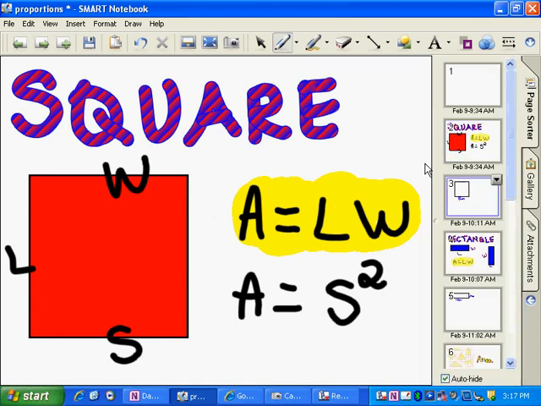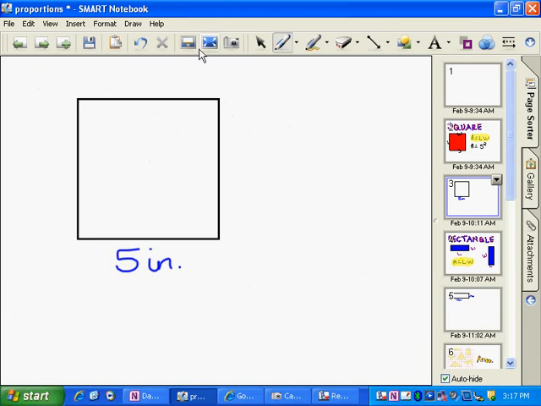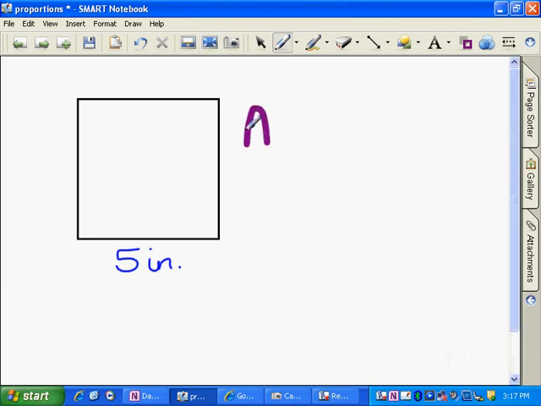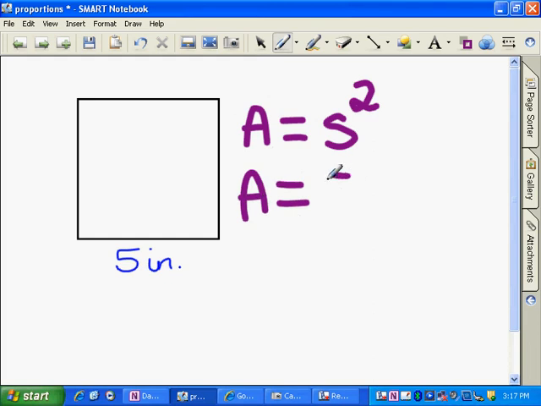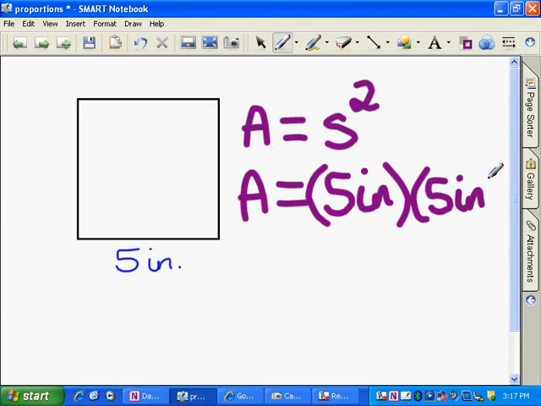I'm going to use this example here of a square with a side length of 5 inches. So we're going to use the formula area equals side squared. Okay? The side is 5 inches, so area is equal to 5 inches, and I'm going to put them in parentheses, times 5 inches.